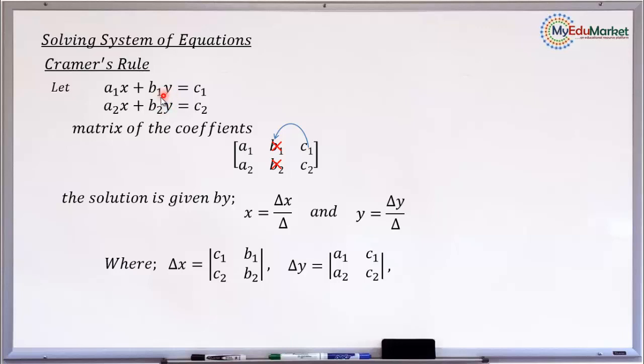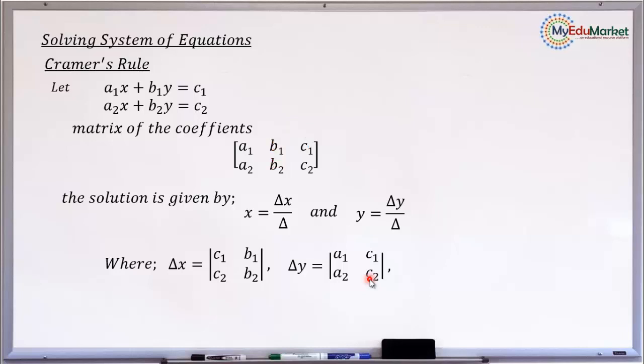The coefficient of y is b1 in the first equation and b2 in the second, and they formed the second column. Those second column entries are replaced by C1 and C2, and you now have another matrix, A1, C1, A2, C2. This is how I get del y, the determinant of that matrix.